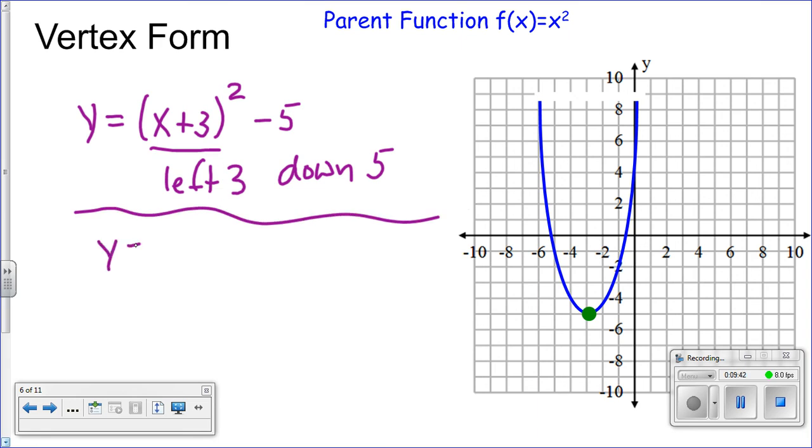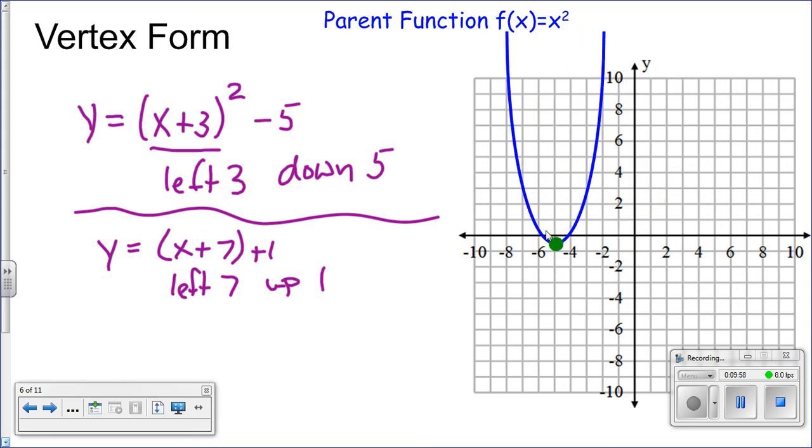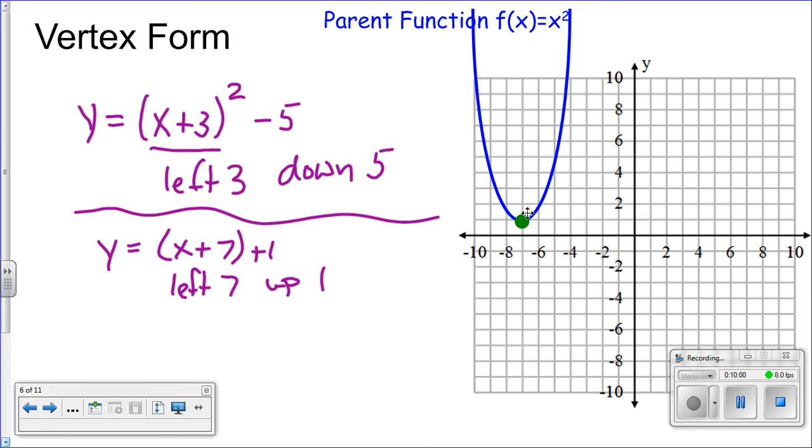If I were to give you y is equal to (x plus 7) squared plus 1, this means I'm actually going to go left 7, up 1. So I'll take this, put it back. It's going to take all of my points and go left 7, up 1.